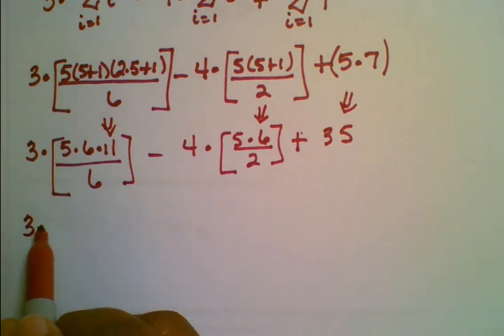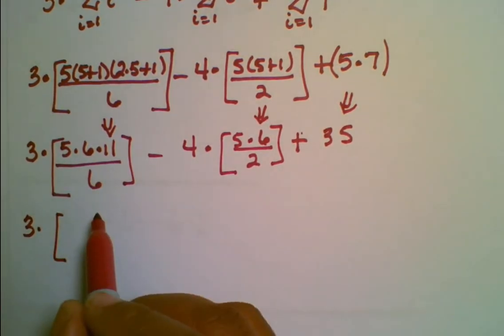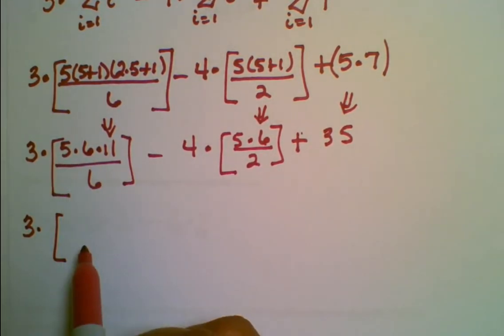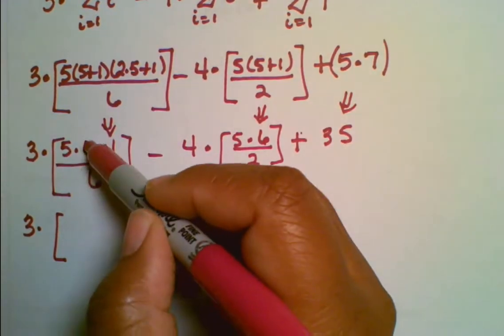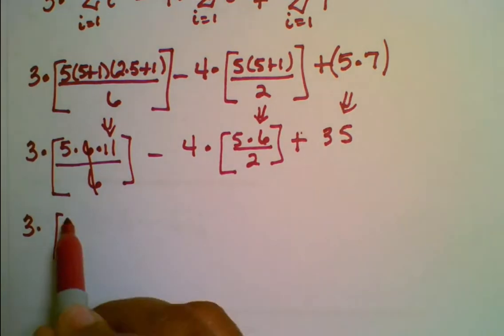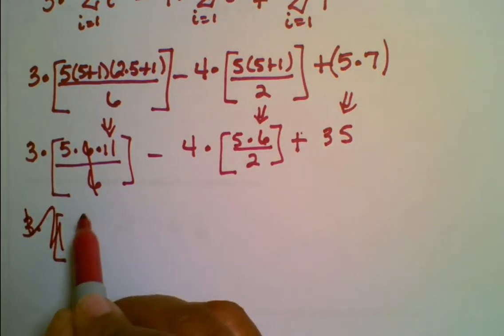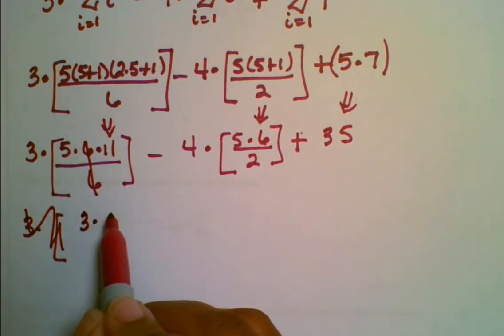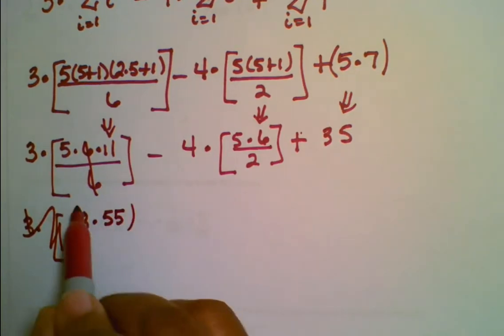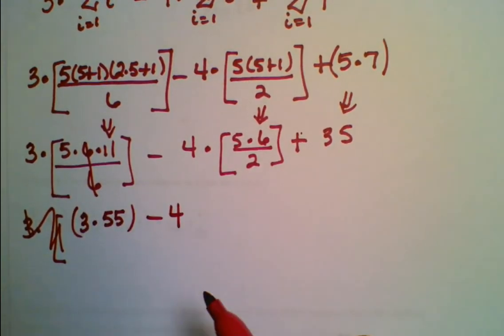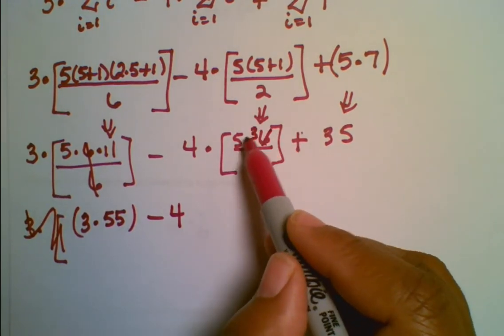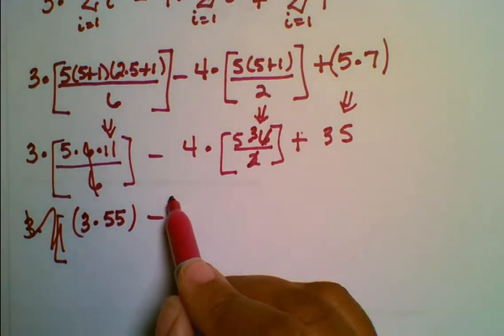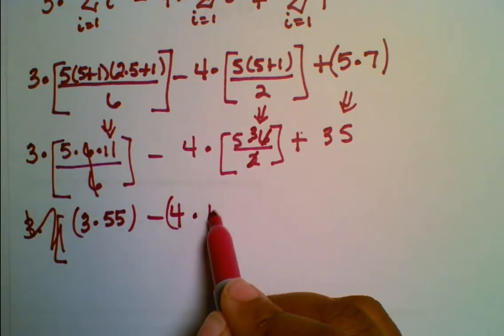We have 3 times, this would give us, what would that give us there? 5 times, well, if you notice here, the 6 is going to cancel out. We have 3 times 55, minus 4 times, well, 2 goes into the 6 3 times, and 3 times 5 gives us 15.